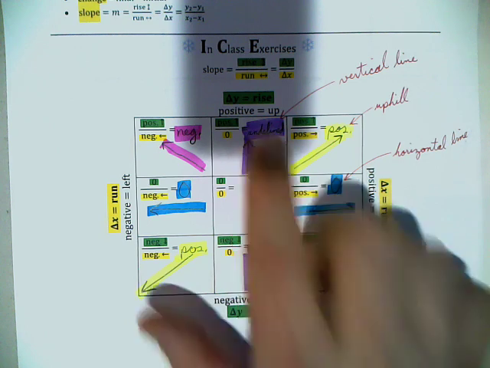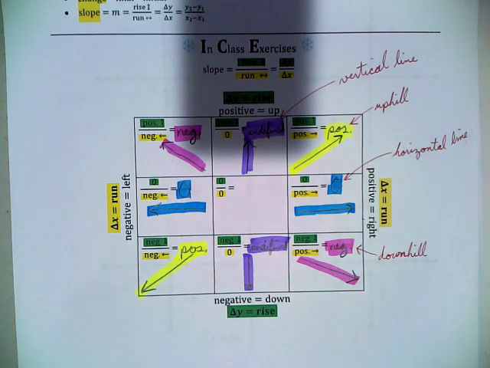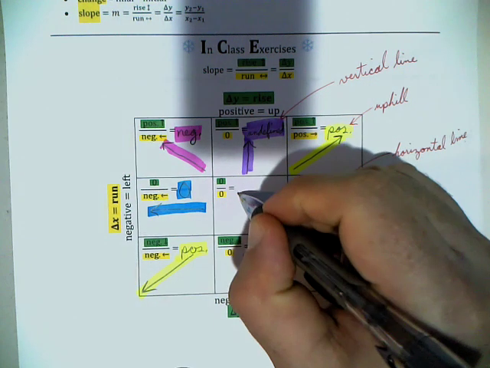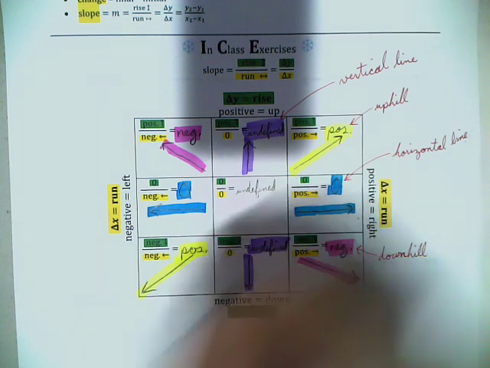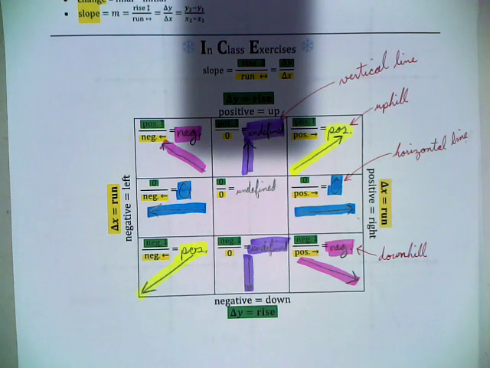All right, so I said generally on purpose, because I've left out the middle section here. 0 over 0 would also be undefined. But let's consider this. If we say 0 over 0, this means 0 for my rise means I'm not going up and down at all. 0 for my run means I'm not going left or right at all, which means I haven't moved at all. So if you have 1 point and you don't move at all, you're still at that 1 point.